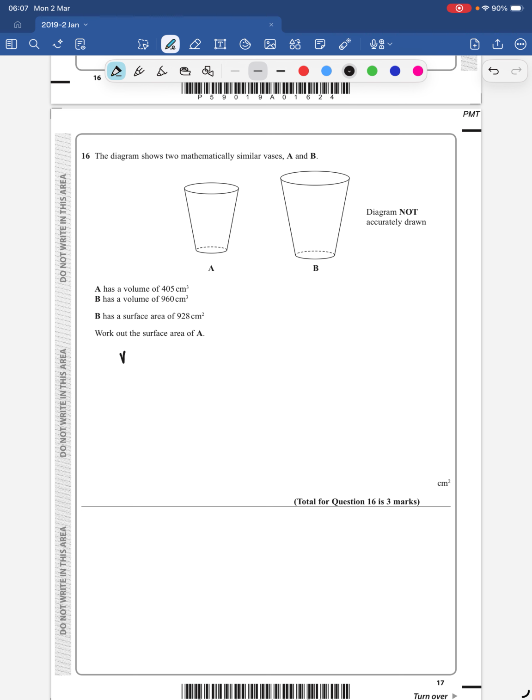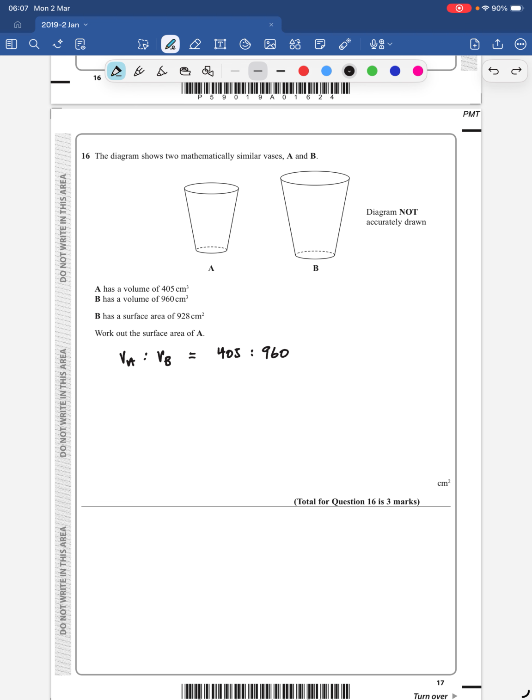So I think it's quite important. We've got the volume of A to the volume of B is equal to this ratio, 405 to 960. But this format is a bit unfamiliar. There are no times signs or divides or equals. So we need to go somewhere where we can do algebra.